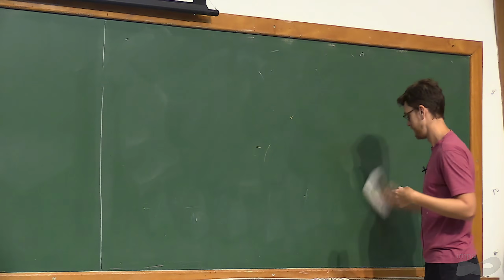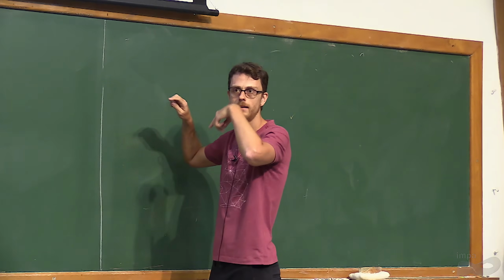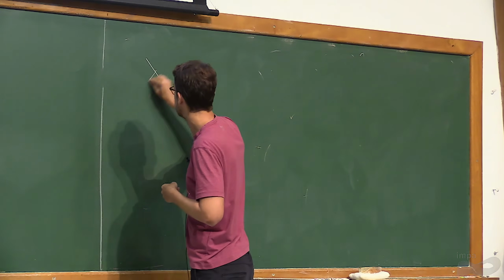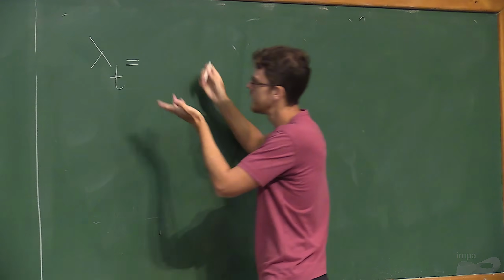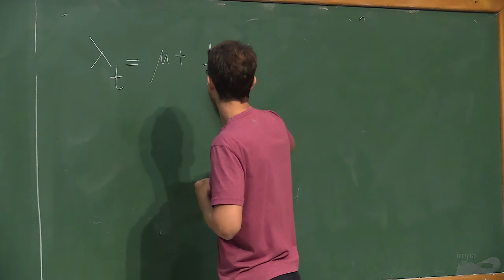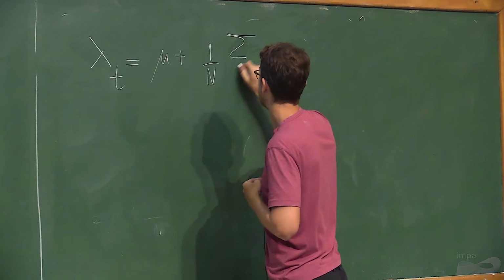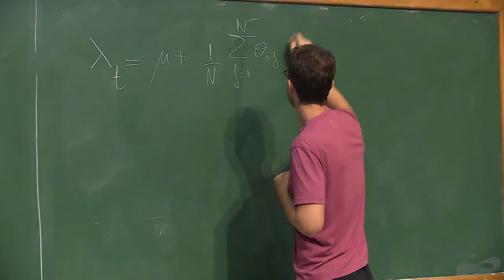So you have point processes on R plus, let's say, and you have the intensity lambda t, that for them, in my notation, would be this mu plus 1 over n times a sum, something like this.